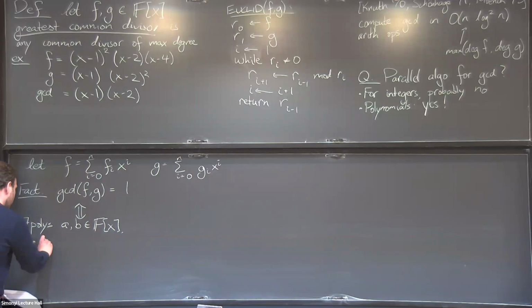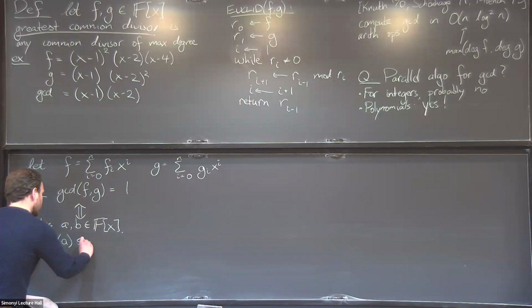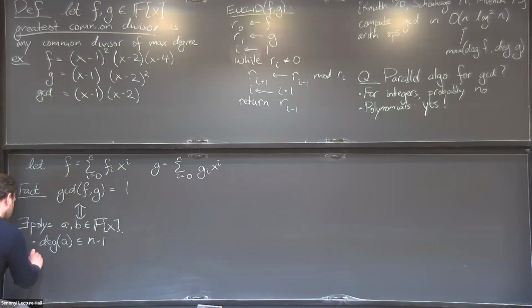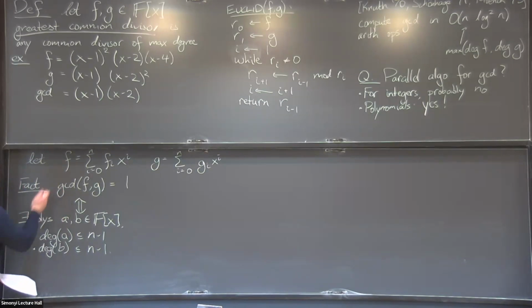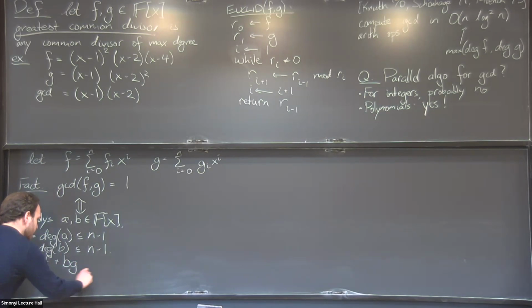So one is that a and b should be fairly low degree as polynomials. So they'll both have degree at most n minus 1. And then the third condition is that if you look at the polynomial af plus bg, this should be equal to 1 as a polynomial.